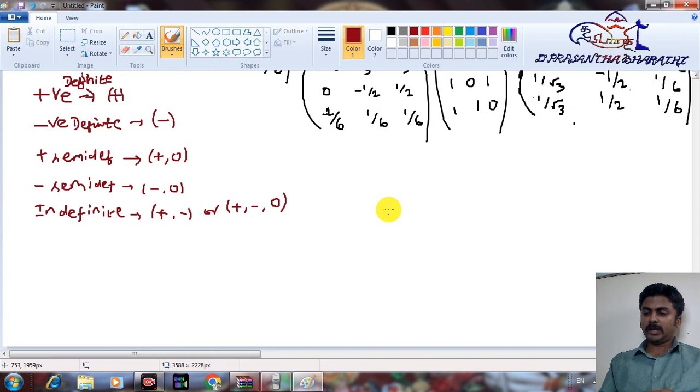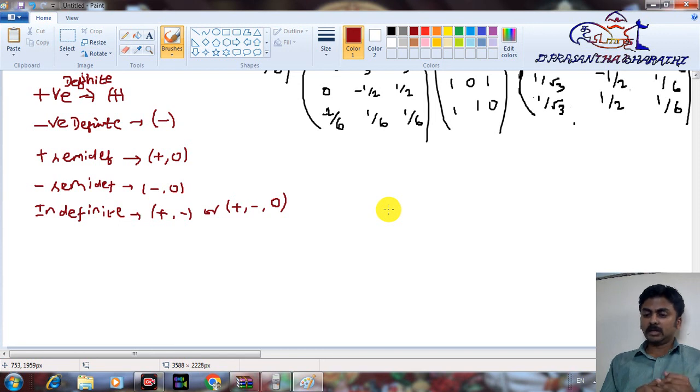When all the coefficients of the characteristic equation are positive, it is positive definite. When it has only negative terms, it is negative definite. When it has positive and 0 terms, it is positive semi-definite. When it has negative and 0 terms, it is negative semi-definite. When it has positive and negative terms, or positive, 0, and negative terms, it is called indefinite.